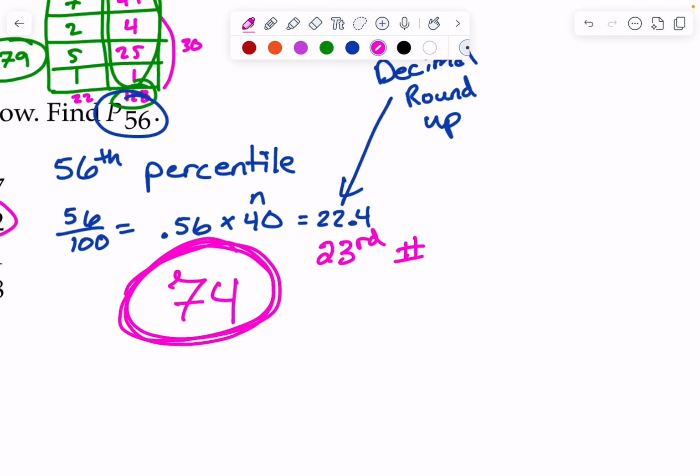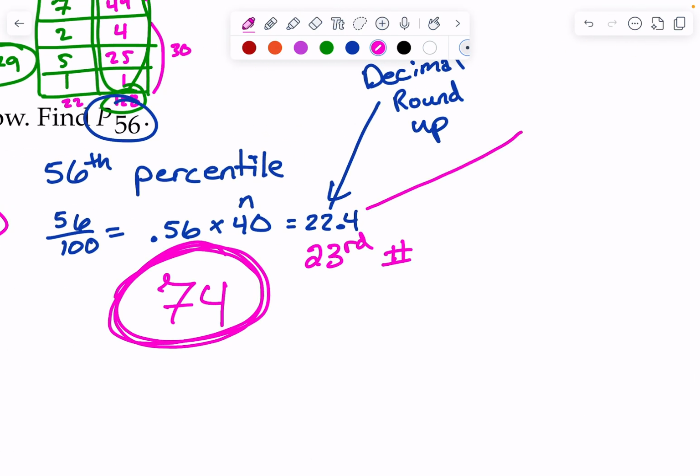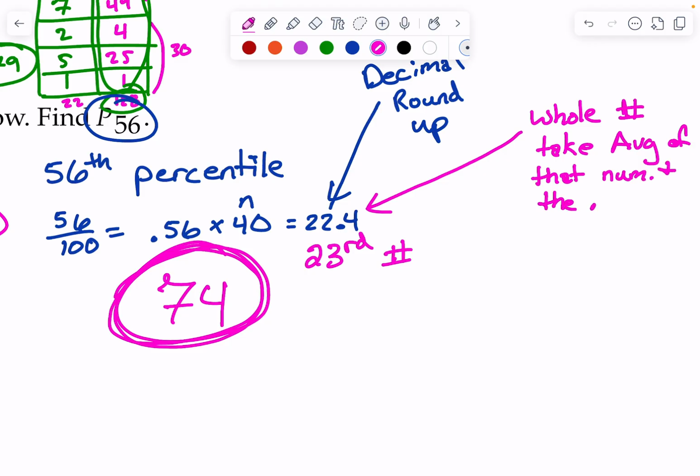Now what if this number had come out a whole number? You take the average of that number and the next. So for example, let's say this just came out as 22 total.